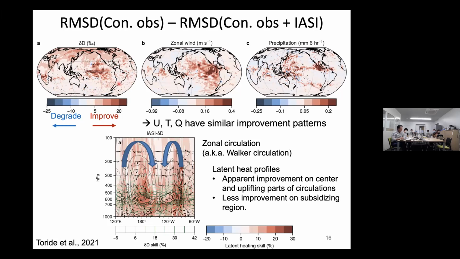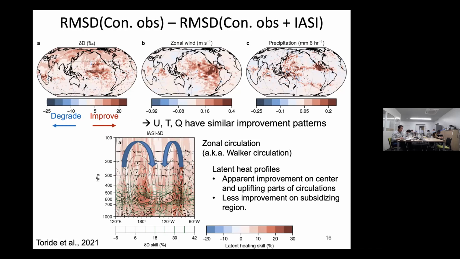And as shown in the 2014 paper, there were positive impacts for other meteorological quantities like zonal winds and precipitation. And this figure at the bottom is showing the zonal circulation over this area at the rectangle here. So this is the Walker circulation.